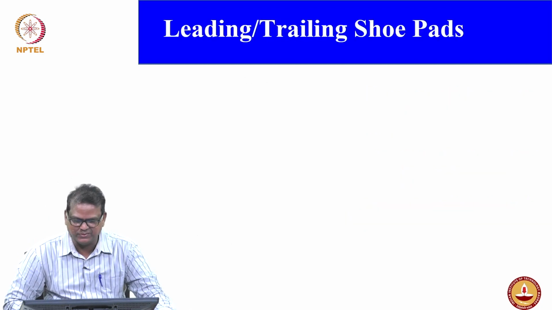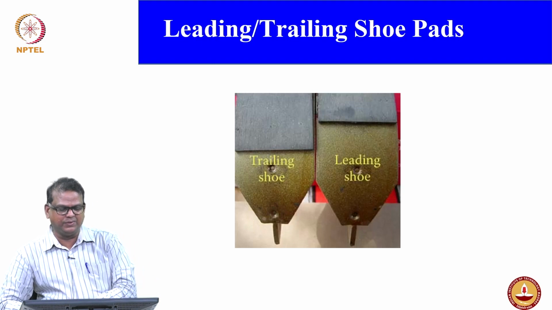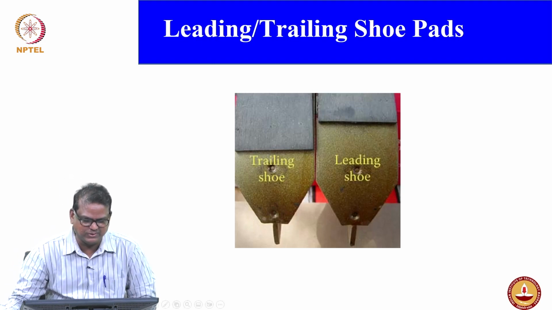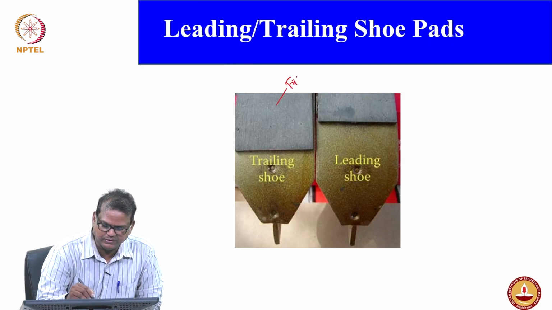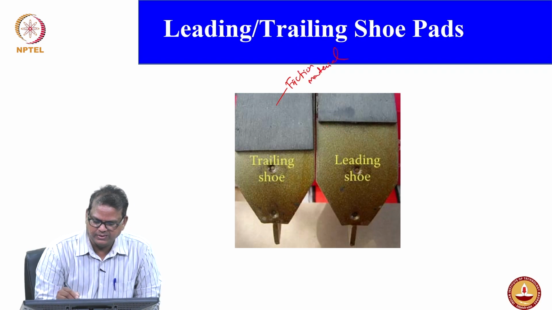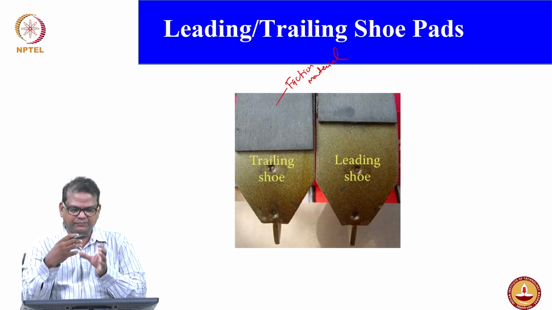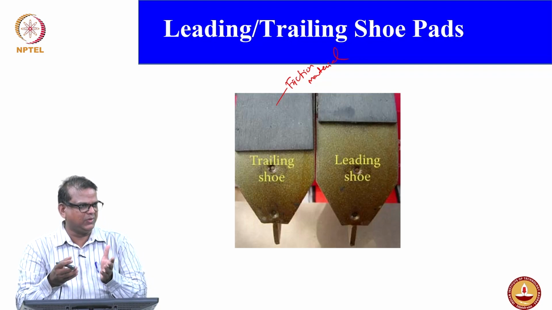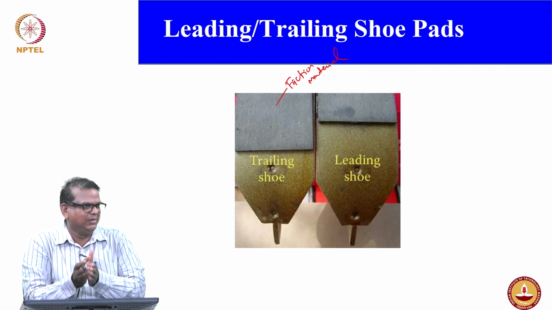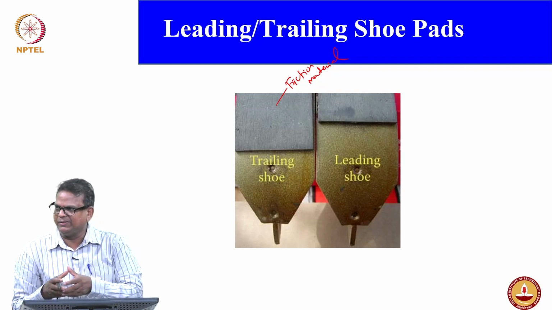And maybe you can see here, this is the shoe arrangement. For the trailing shoe, you can see this is your friction material. For the trailing shoe, area wise, the friction material is less compared to the leading shoe. Obviously, because your braking effort is already better with a leading shoe, you don't need more friction material to create the braking effect.